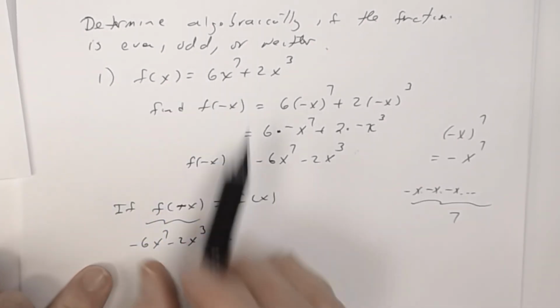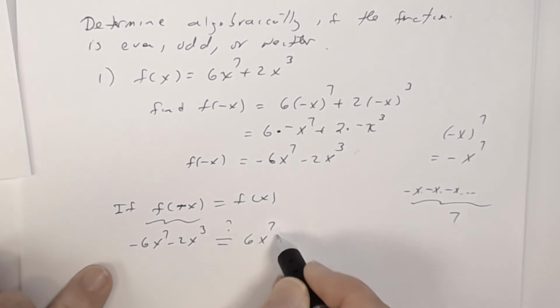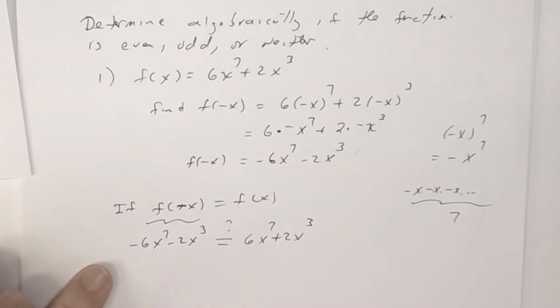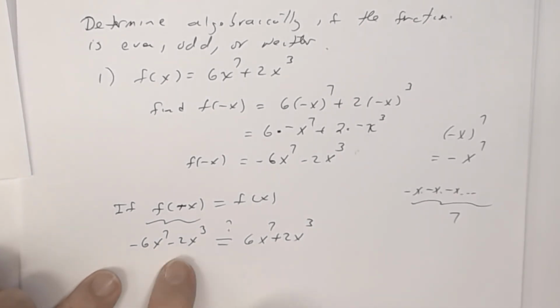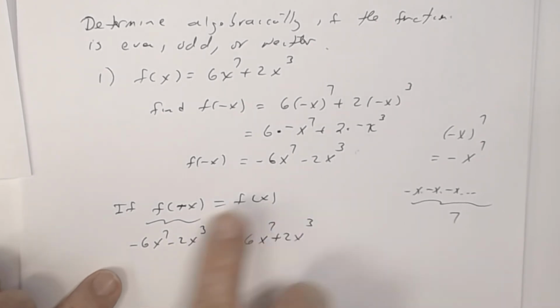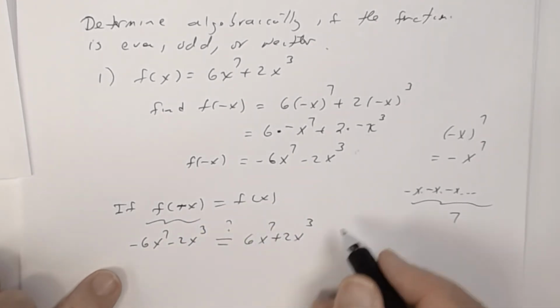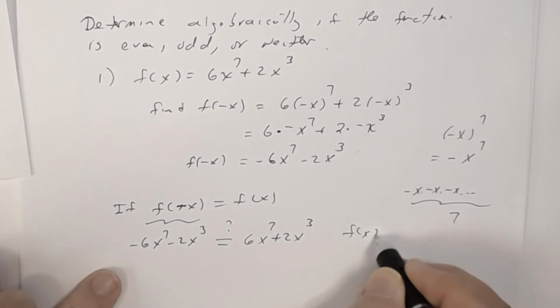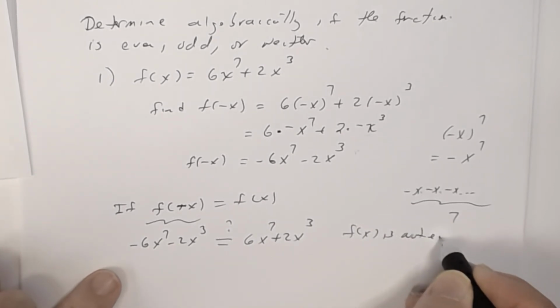And here's f of x. Are those the same? No, they're not the same. This is negative 6x to the 7th. This is a positive 6x to the 7th. This is a negative 2x cubed. This is a positive 2x cubed. So they're not the same, right? So f of x is not an even function. That means that f of x is not even.